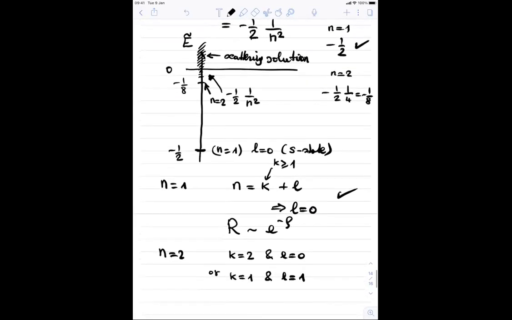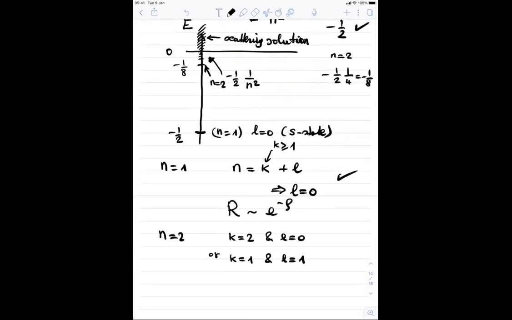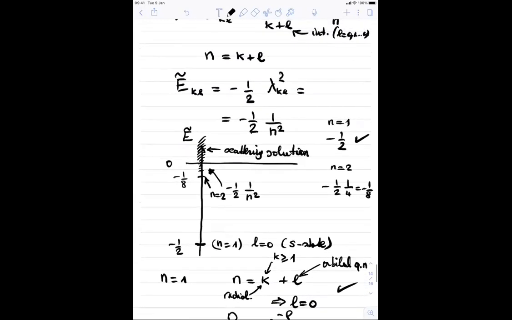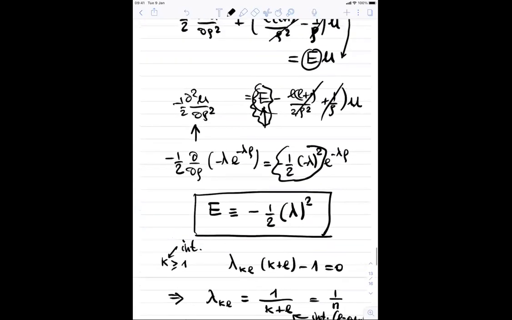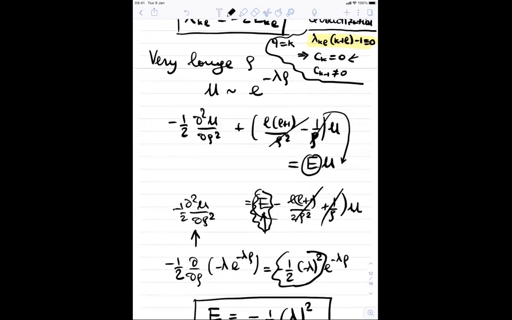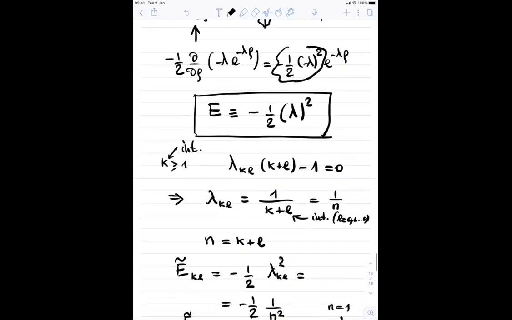By the way, this k, n, and L have names. This is the orbital angular momentum quantum number. This is the so-called radial quantum number, for a reason: it tells you how big the polynomial is, how many terms you have in the radial polynomial.